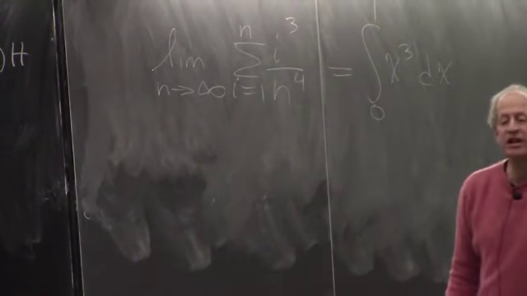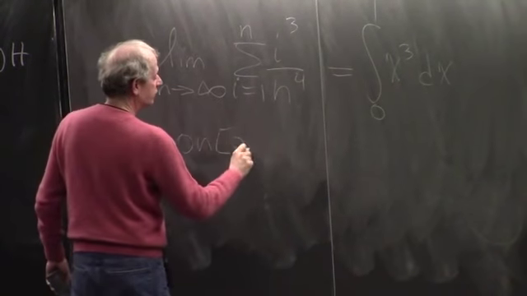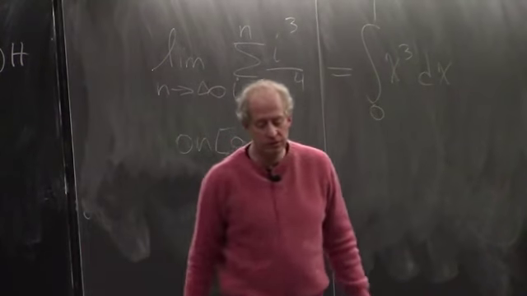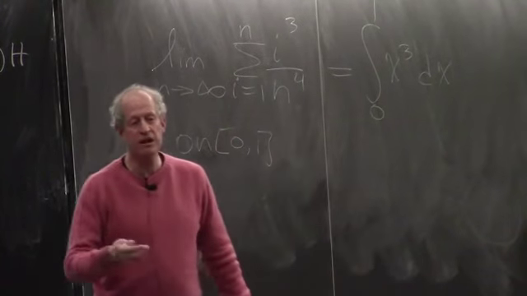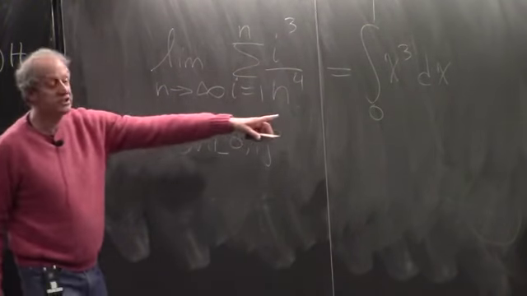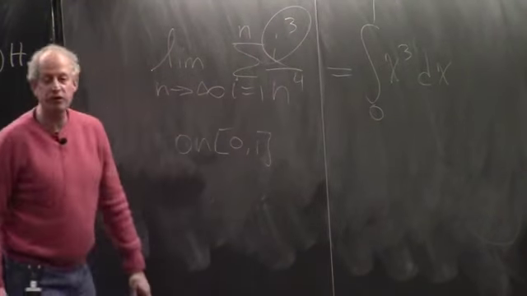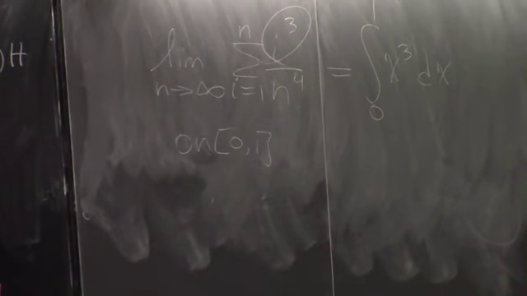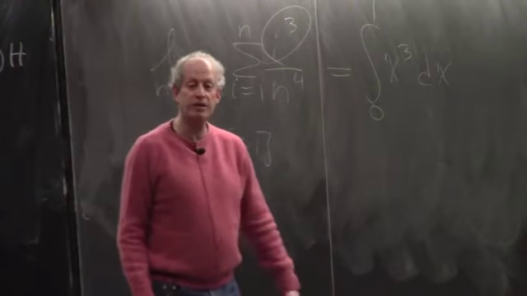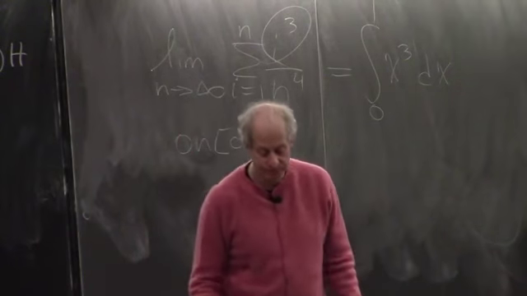Well, first of all, they tell me it's on the interval 0 to 1. This was homework problem 75. But, you know, you have to be able to do all of them. So I'll just do an example of one, like this one. The 0 to 1 tells me I'm going to integrate from 0 to 1. This tells me what my function is. You see i cubed? It's x cubed. If it was i to the fourth, it would be x to the fourth. If it was i cubed plus i squared, x cubed plus x squared. From here, you should be able to do the integral on your own.